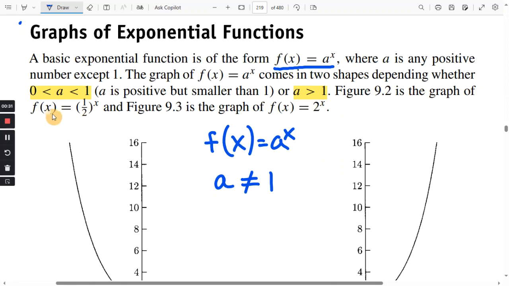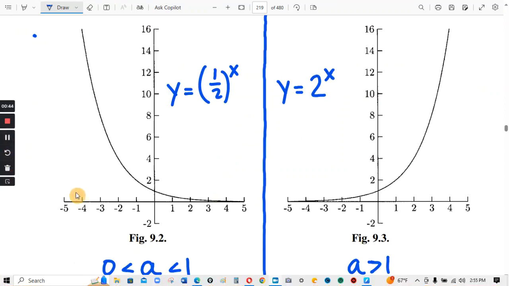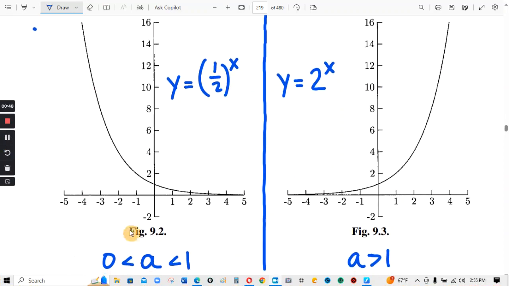Figure 9.2 is the graph of f of x equals 1/2 to the x, and 9.3 is f of x equals 2 to the x. Let's take a look. Okay, so this is basically what a graph looks like when the value of a is between 0 and 1. So in this case, this is 1/2 to the power of x.